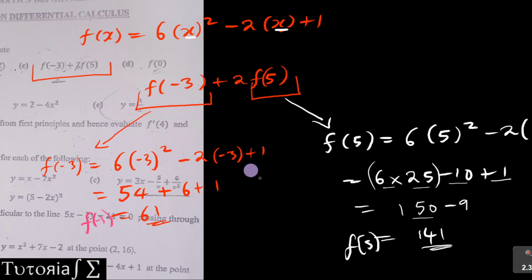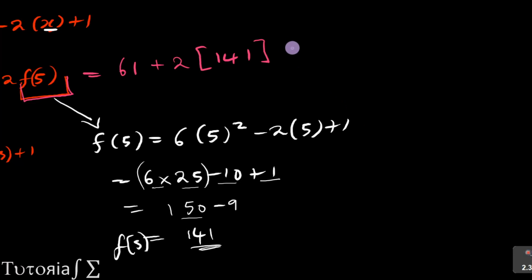So now we can replace in our equation here. So here we are replacing the value of f of negative 3, which is 61, plus 2 times, here we replace the value of f of 5, which is 141. Then we simplify this further.